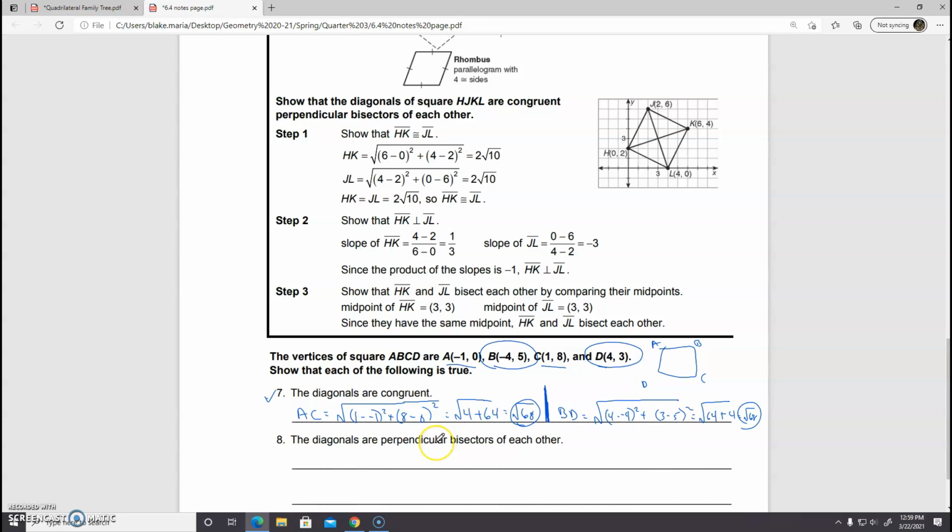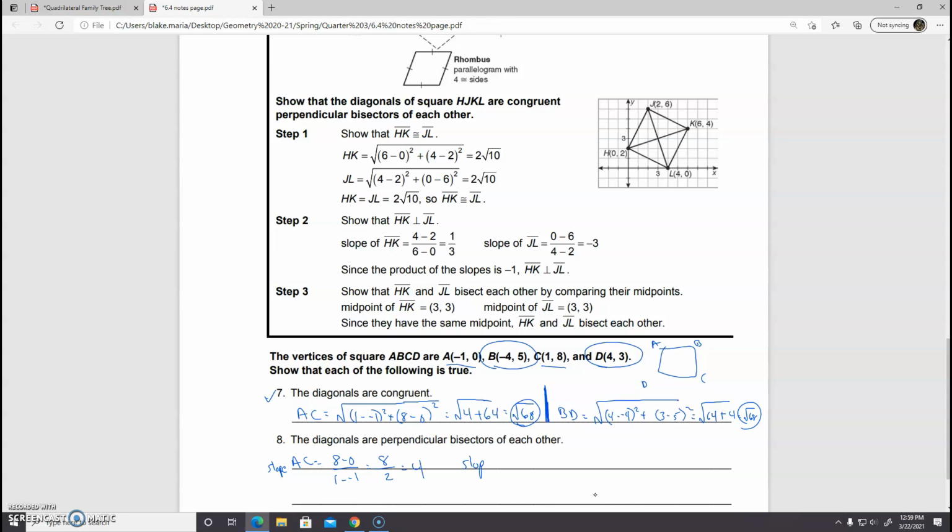So perpendicular, you just have to check slope. So slope would be the slope of AC. So slope is subtract your y's. So we'll do 8 minus 0. And then subtract your x's. 1 minus negative 1. So we have 8 over 2, which is 4.